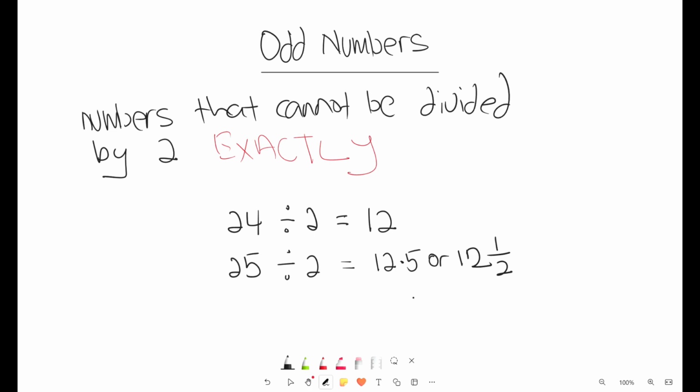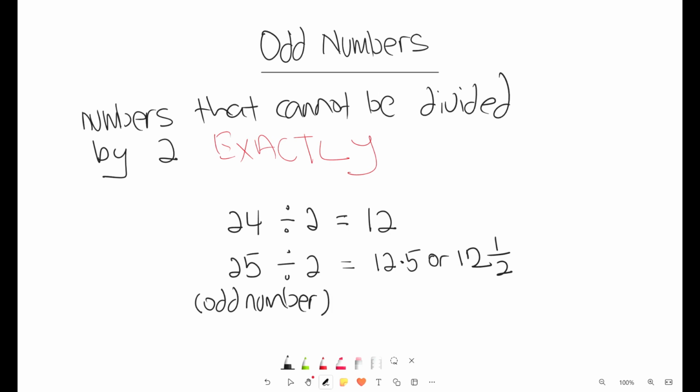I can write the quotient in the form of a decimal, or I can also write that as a fraction, which means that it is not a whole number. Therefore, 25 fits into the definition of an odd number, a number that cannot be divided by 2 exactly. So therefore, 25 is an odd number.